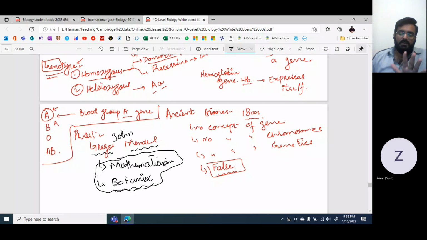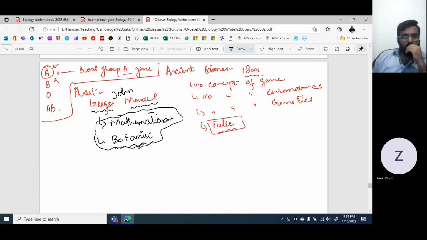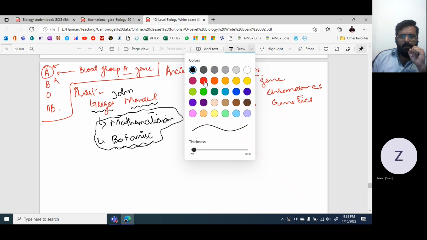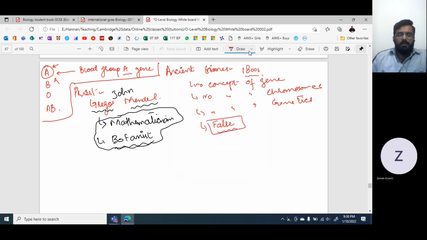One was the mathematician, another was the botanist. So I used to become very emotional that a teacher can create, or a teacher can destroy a student from becoming a great man. So leave it. He was also a very intelligent student and a great scientific observer.